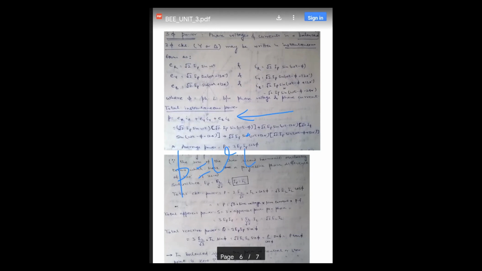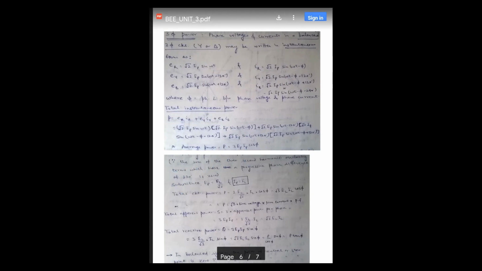Since here there are three phases, we are required to do the same thing three times for different phases: ER IR plus EY IY plus EB IB, corresponding to these three phases.